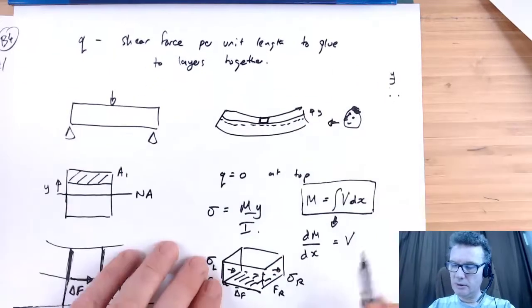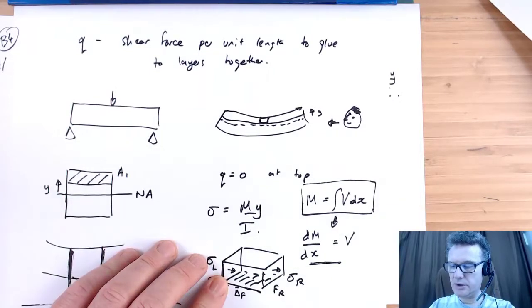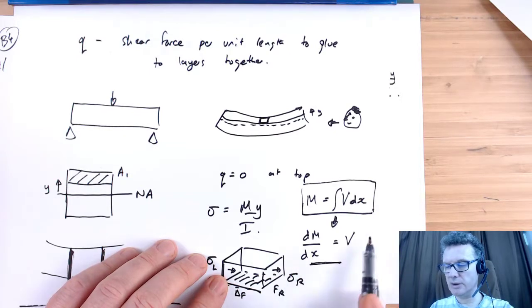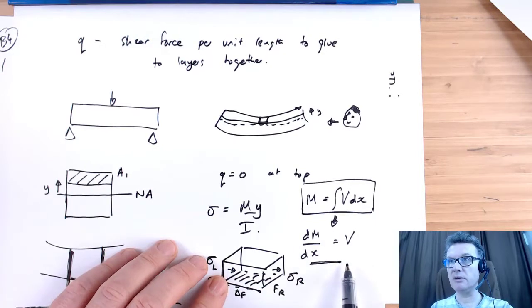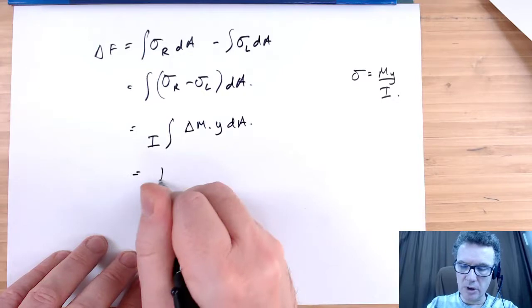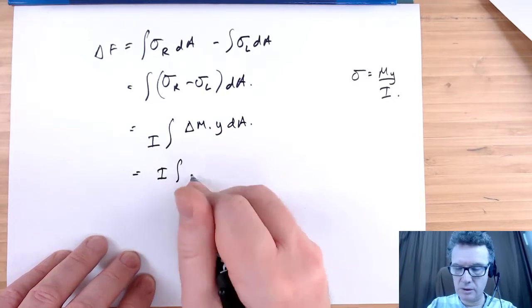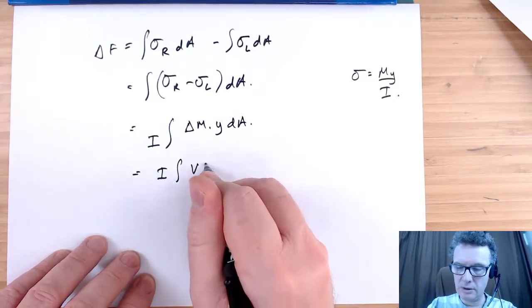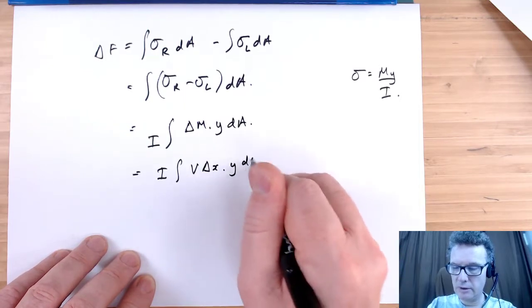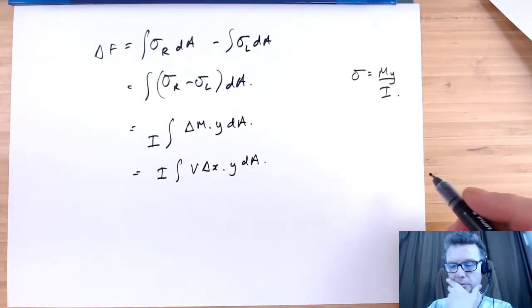So that's when I'm going to now use this term here. So delta M over delta x equals V. So really I should have a derivation for this, but I don't. So that will become 1 over I, V delta x y delta A.